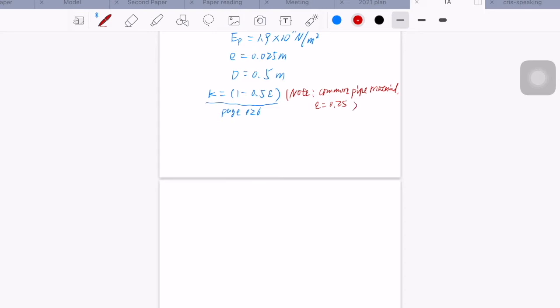So now we can calculate K equals 1 minus 0.5 times 0.25, so the value is 0.875.